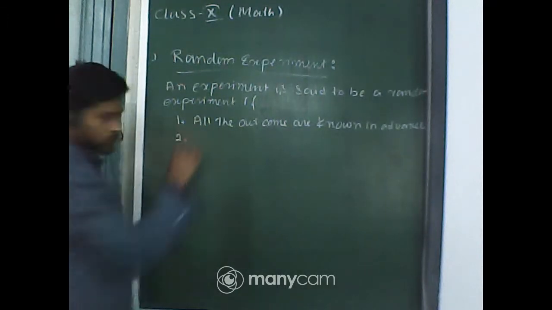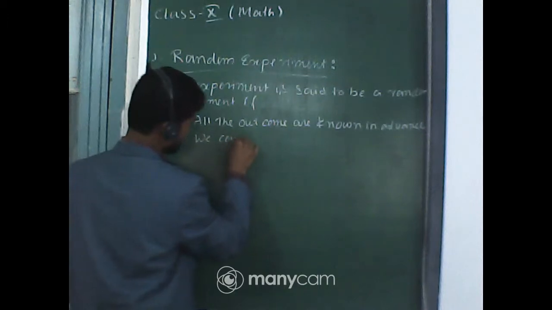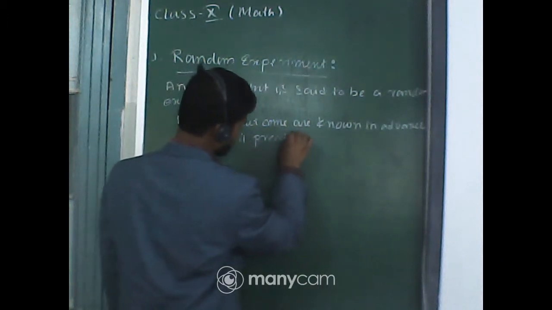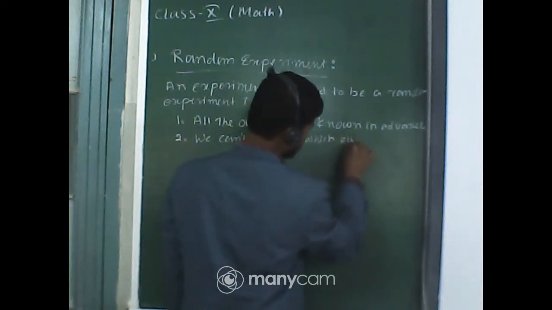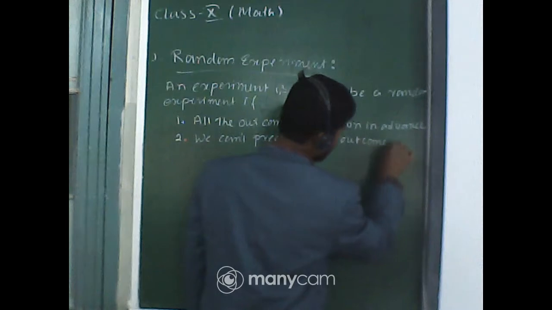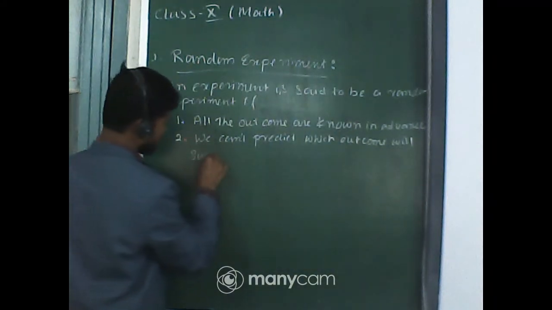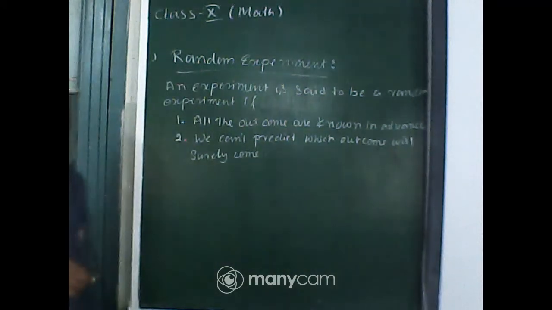Number two, we can't predict which outcome will surely come or surely occur.